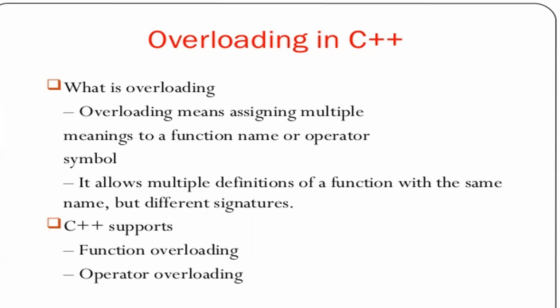Multiple tasks are being assigned to them. That is why it is called as overloading. So here again, it supports two types of overloading. One is called as function overloading and the other is called as operator overloading. Here we'll see what we mean by the word function overloading and the process of function overloading.